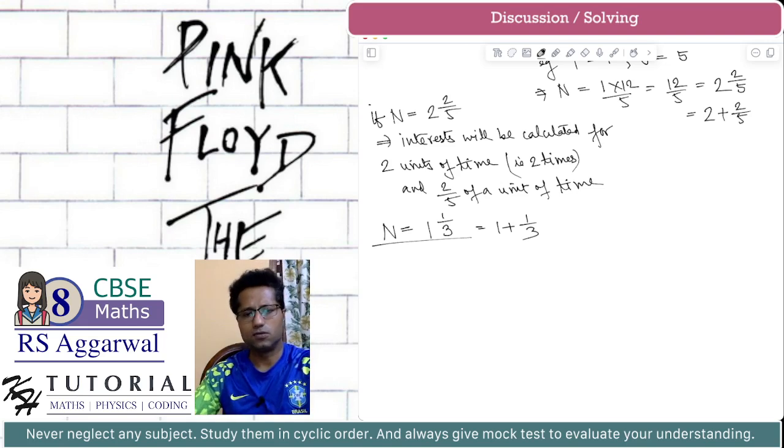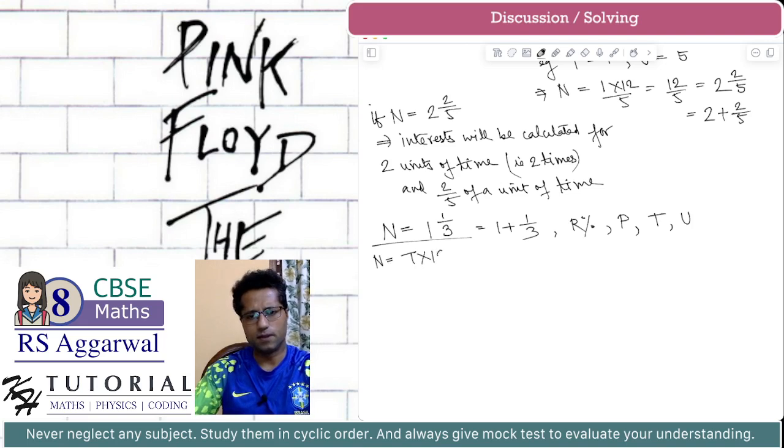Okay, let's say n is coming to be 1 and 1 by 3, and let's say we are having the r percentage and the original principal is p, and we have t and also we have u for some value of t and u, and n is equal to, as we know, t multiplied by 12 by u.